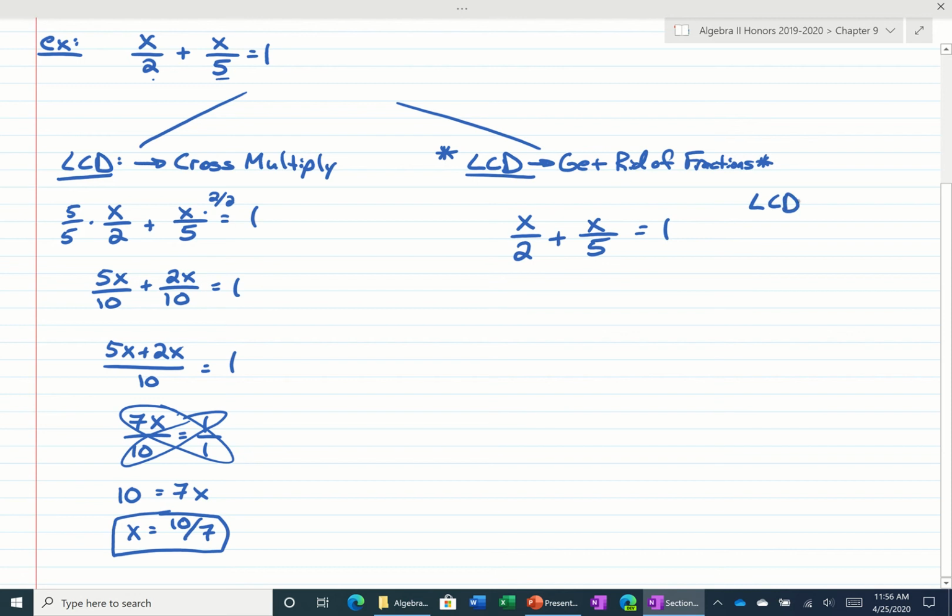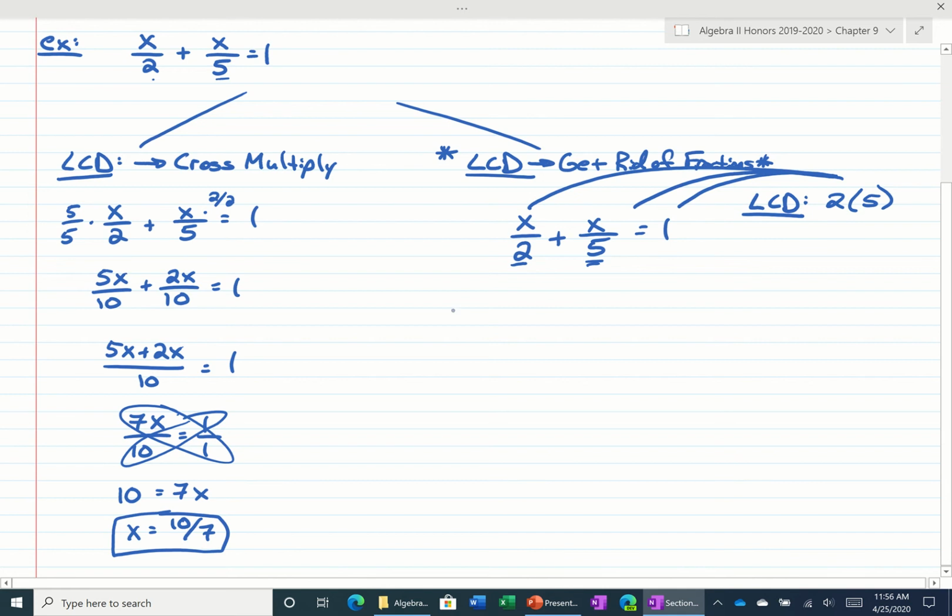And the LCD between 2 and 5, 2 and 5 both go into 10. 10 is the smallest number that both of them go into. Or, another way to think about it, our LCD needs a factor of 2, and our LCD needs a factor of 5. However you want to think about it, 2 times 5 is 10. So the second technique, we're going to multiply everything by 2 times 5, or 10.